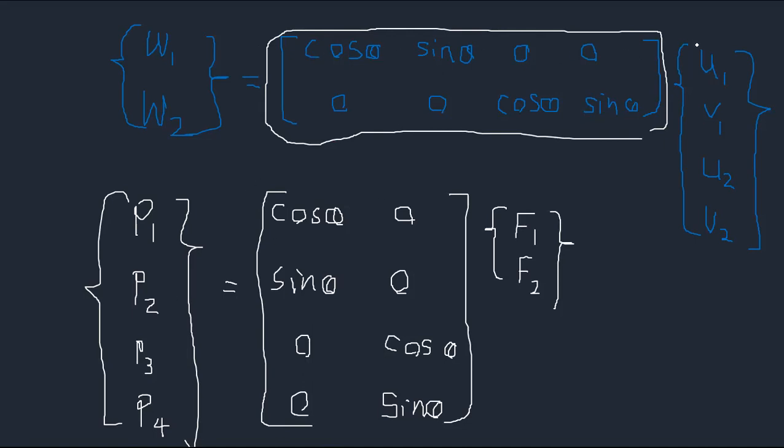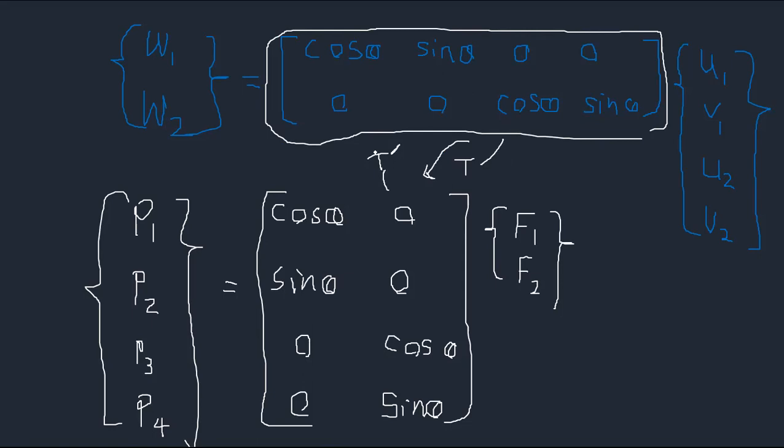So first row as the first column, second row as the second column. This is its transpose, right? Okay. So that's why we call this the transformation matrix. If this is T, this is T dash.